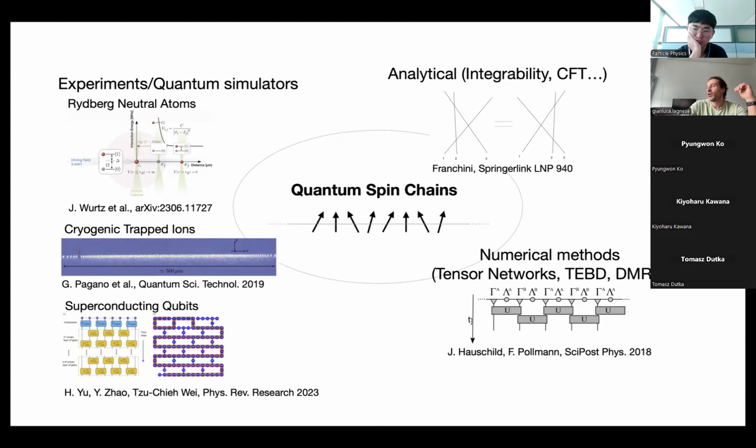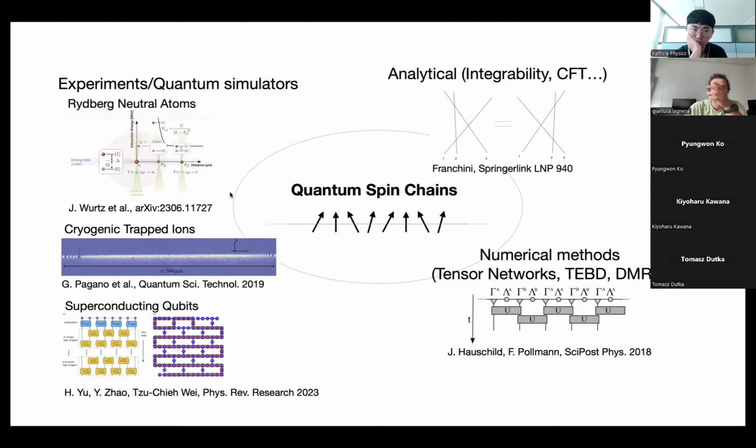There is also a huge array of extremely efficient numerical methods for quantum spin chains. They are quite well understood now, so we are extremely aware of their limits in simulating the dynamics of these models.